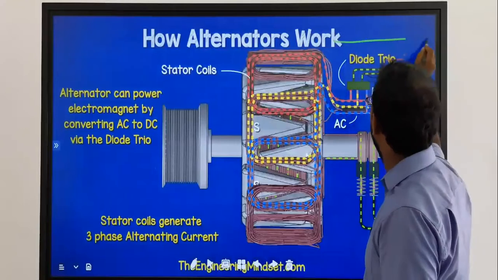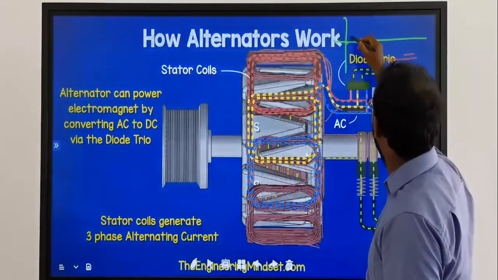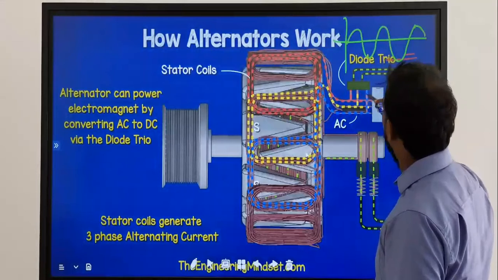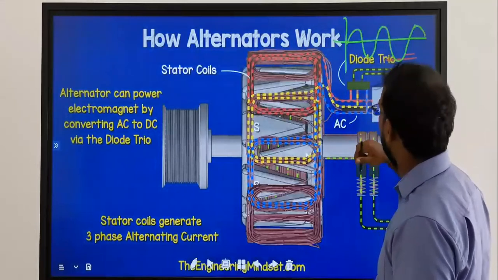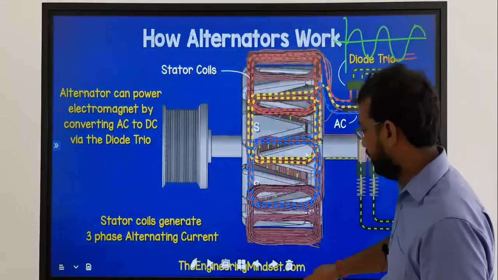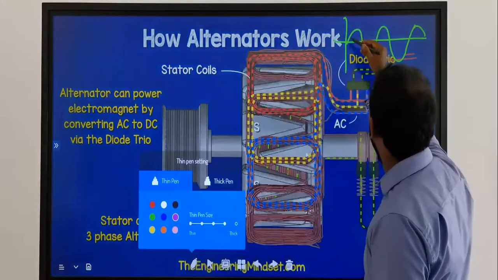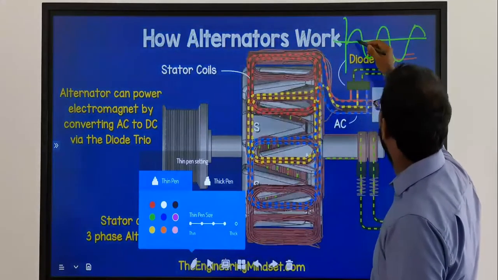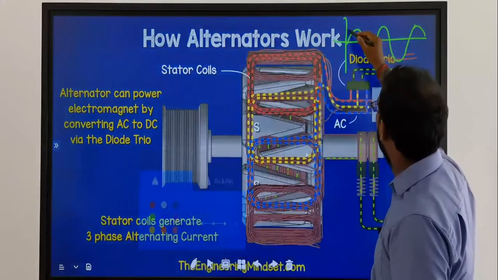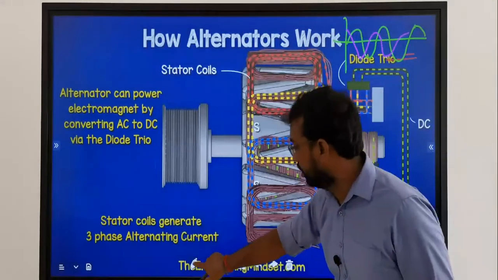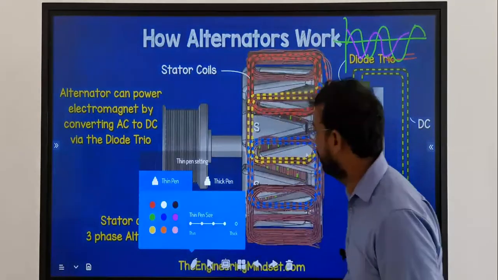AC current means like this. This is the AC current. There are three currents here, for example one like this, another like this, and yellow is like this.